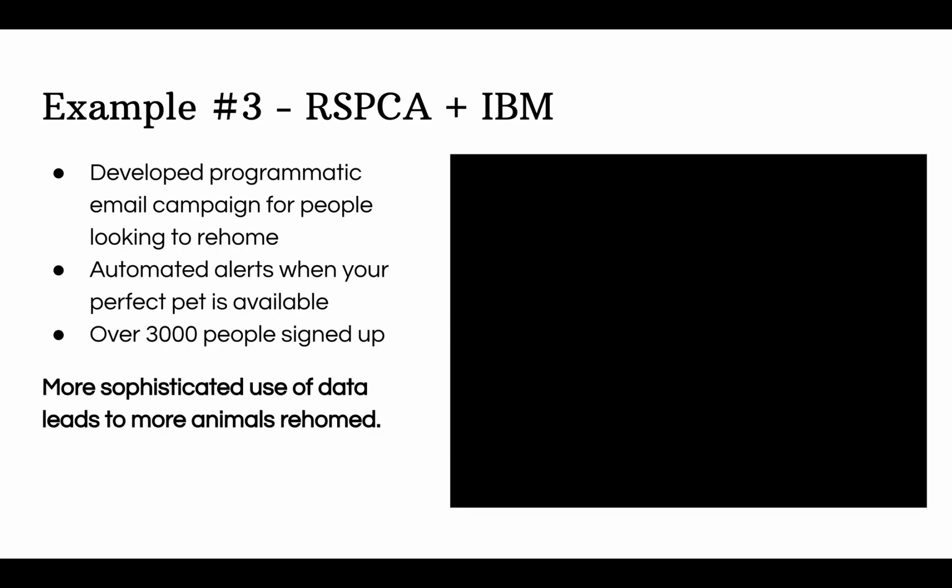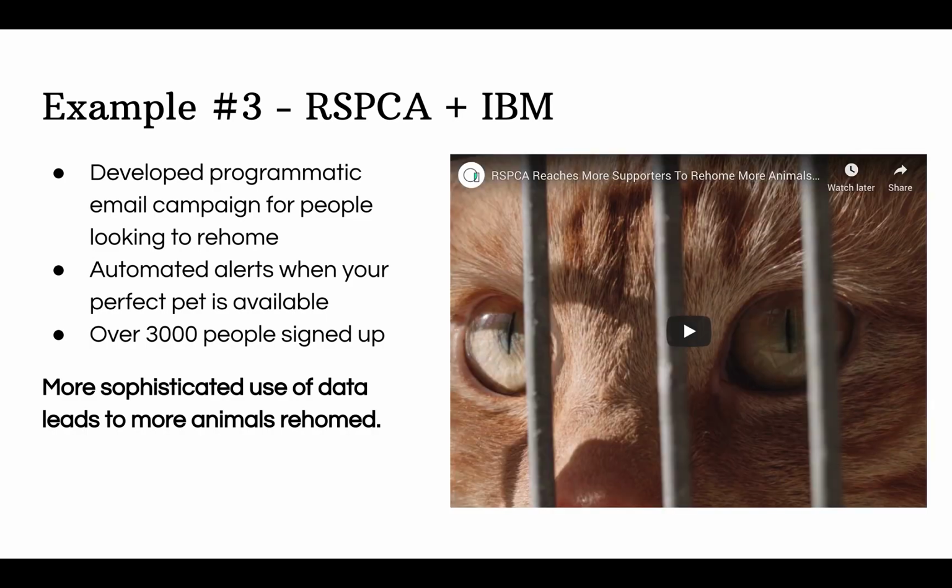The RSPCA used a system by IBM to create a programmatic email campaign for people who were looking to rehome animals. So the idea was you went along to their website and filled out a form and basically specified your perfect pet.